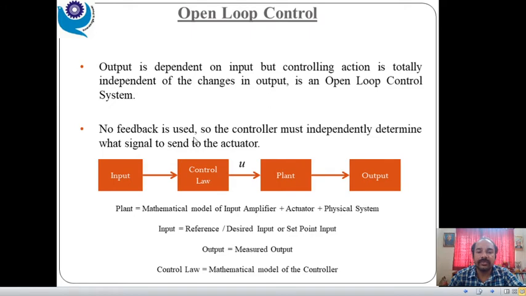No feedback is used, so the controller must independently determine what signal to send to the actuator. Right. It is independently deciding what signal is to be sent to the actuator. That is the open loop control system. We can have so many applications of the control system, right?